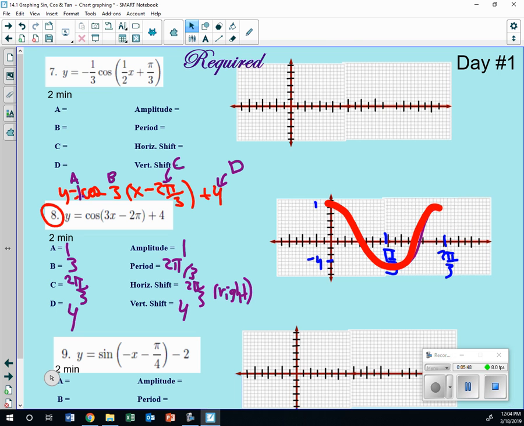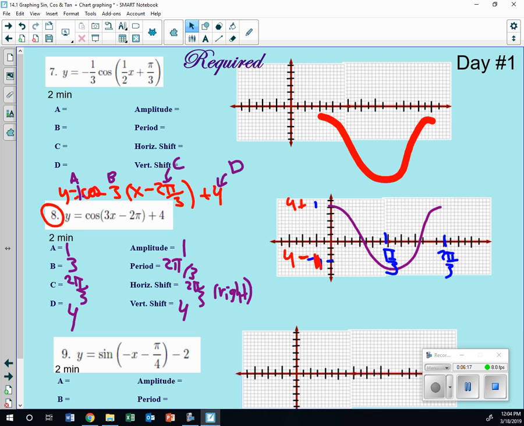Now we do have to move up 4, so this should be 1. If I add 4, this is going to go up: 4 minus 1 is 3. This is going to start at 3 and end up at 5, isn't it?